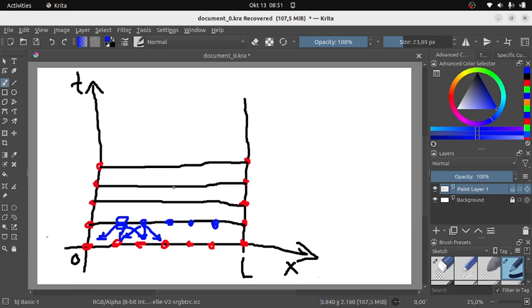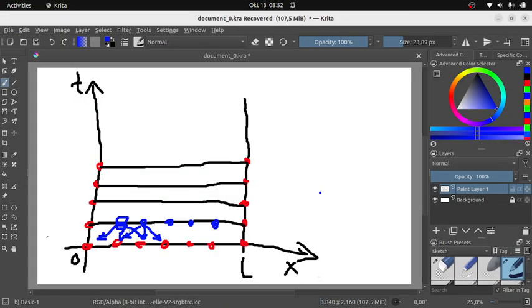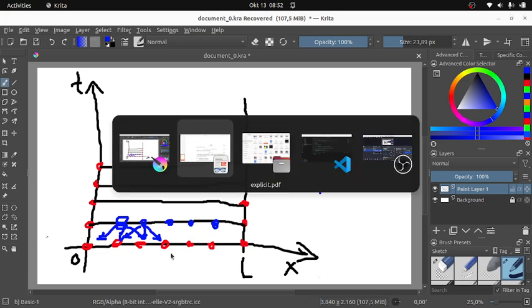And that's why we call this an explicit method, right? Because it provides these blue points, the next ones, to be evaluated explicitly in terms of the values that are already known. Okay, cool.